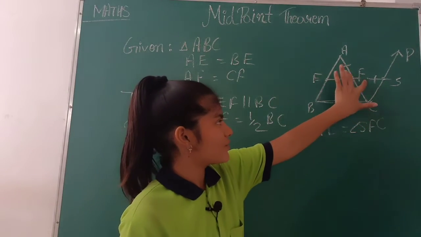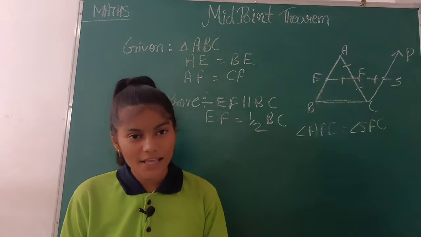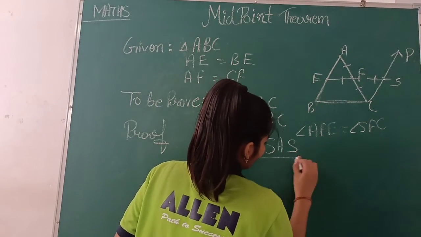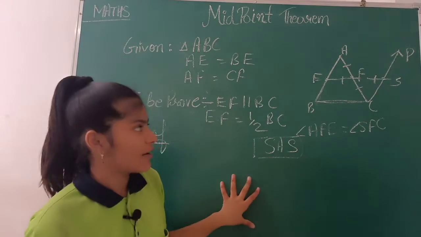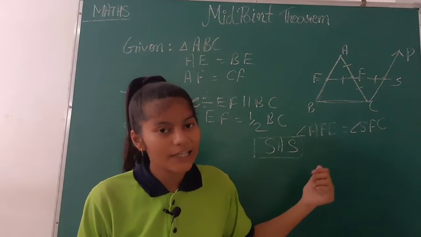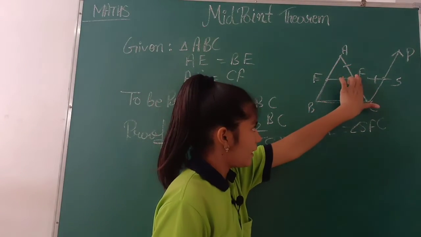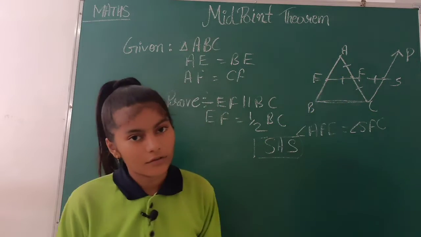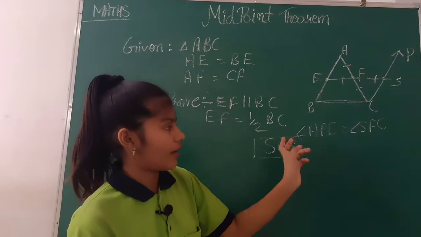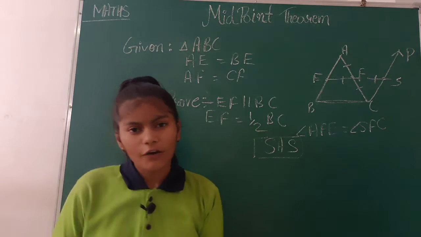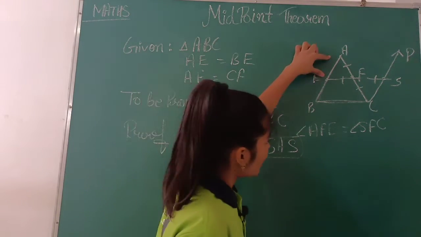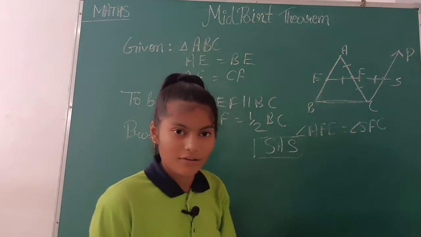Then these two triangles become congruent by the SAS congruency criteria. Side, angle, side: this side AF, then this angle AFE, then this side EF are equal to those of the other triangle, so they are congruent. Then by CPCT, we can say that AE equals CS, right?